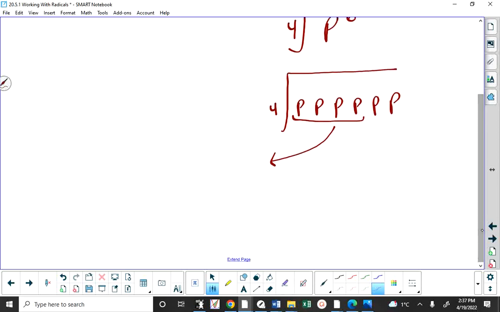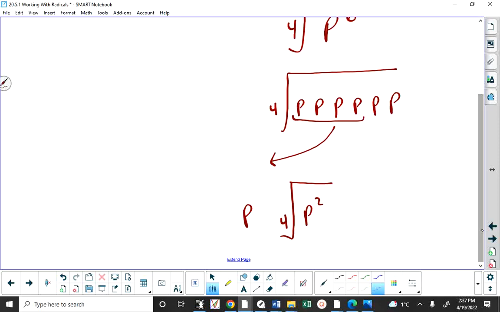And I'm left with the fourth root of p squared, and then I have p outside. Still good? Is there a restriction on p? I'm taking the fourth root. Is there a restriction on p? No. Because it's p squared. So even if p is negative, when you square it, it will become positive, and you're allowed to take the square root of a positive.